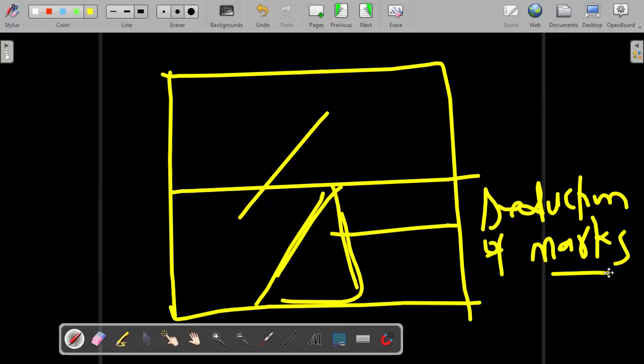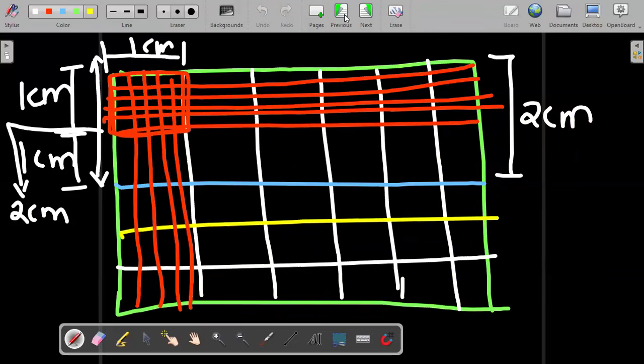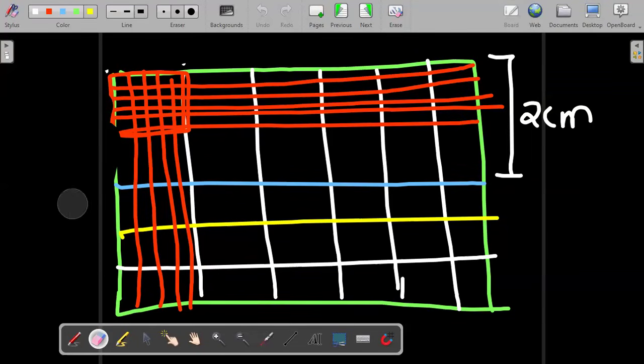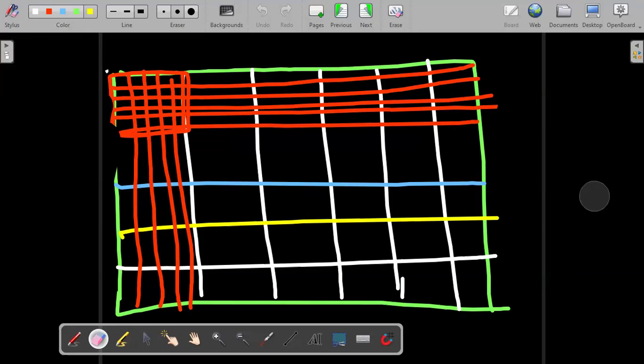You understand? So let's assume this is our table, this is our graph, okay? And we choose to use, for instance, let's choose a scale now. Let's assume I choose a scale of 2 cm to 1 unit, for instance.